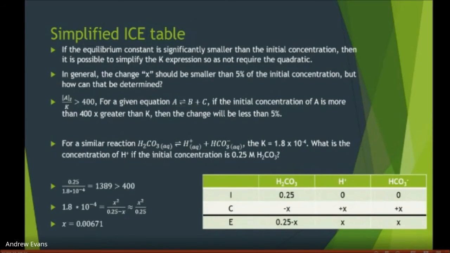So the idea here is that if x is less than 5%, then that 0.25 minus x essentially becomes a rounding error. It essentially stays 0.25.